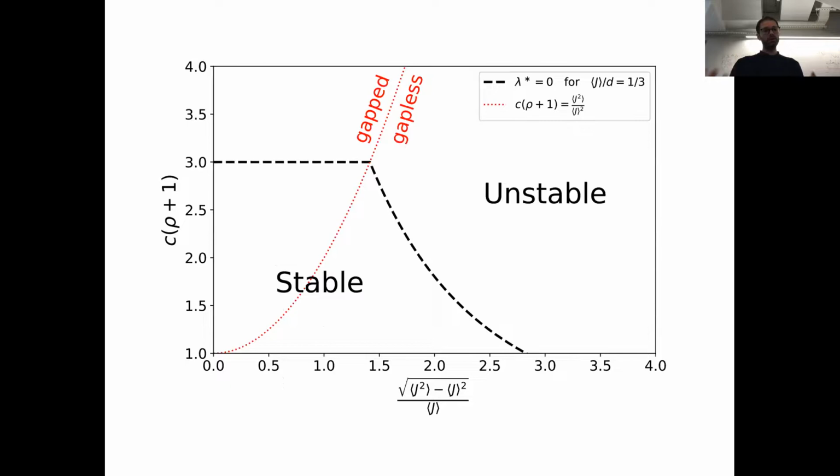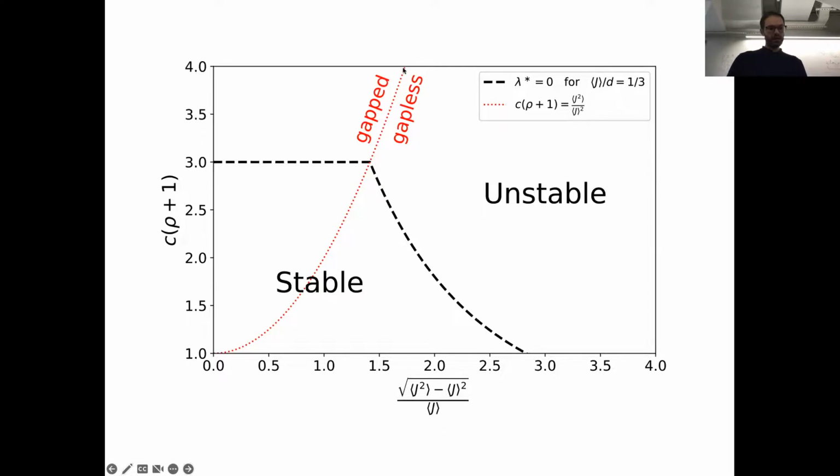So you can get this universal phase diagram, which is shown here. On the y-axis, we have the connectivity of the network. It's the mean outdegree, basically the branching ratio of the network. On the x-axis, we have the weights of the network: the variance of the weights divided by the mean.